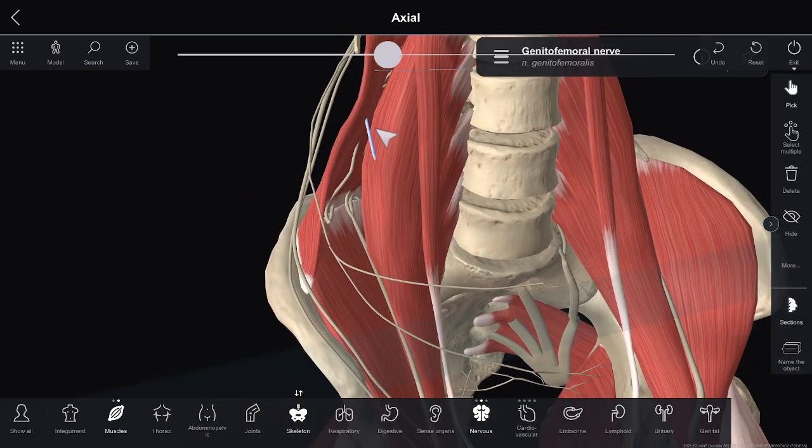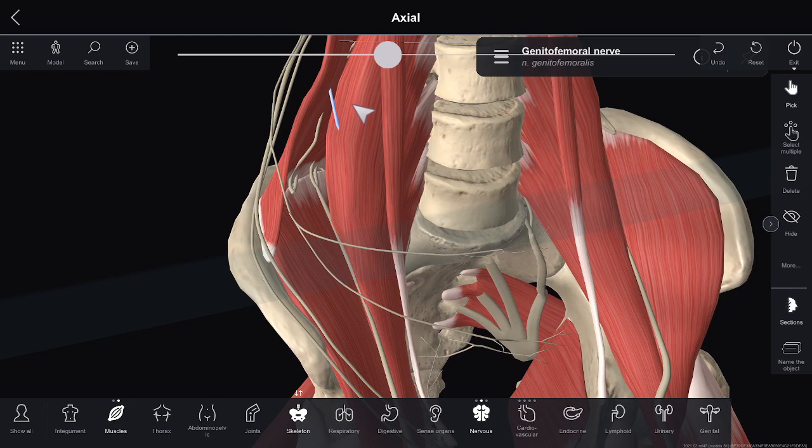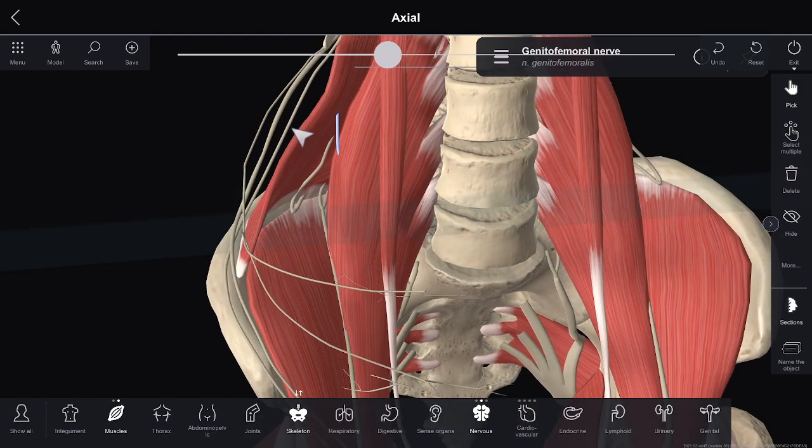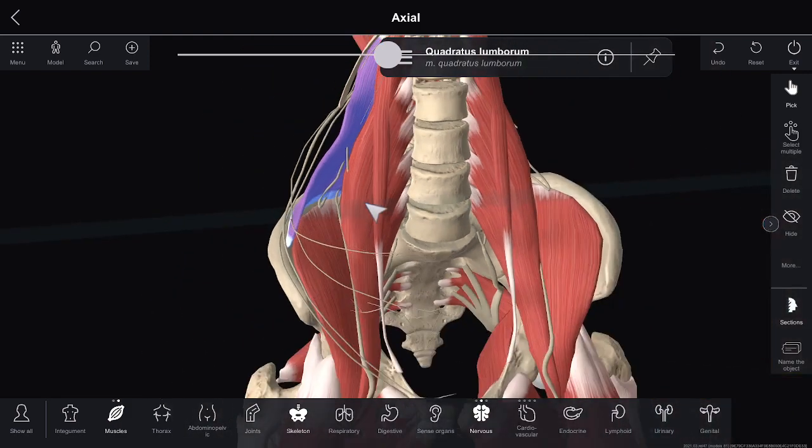This blue. Why is it sectioned? Why is it so short? Because it divides into two different branches below. What exactly? Ramus genitalis and ramus femoralis.